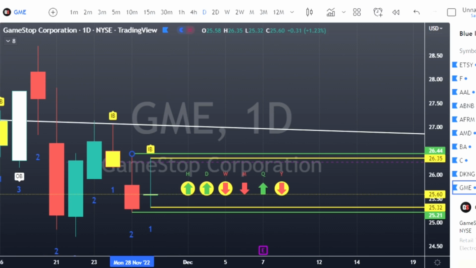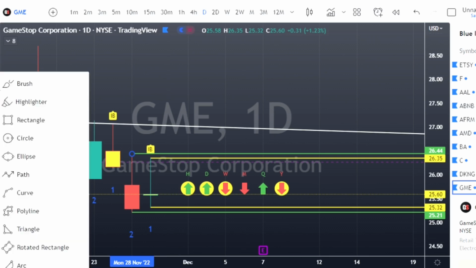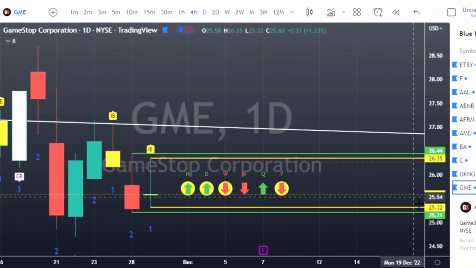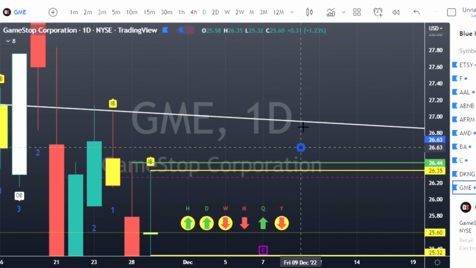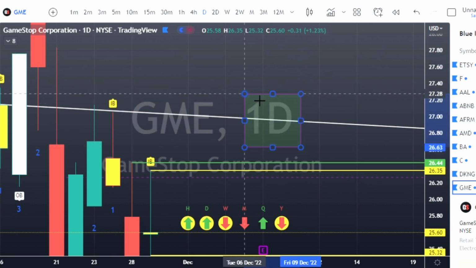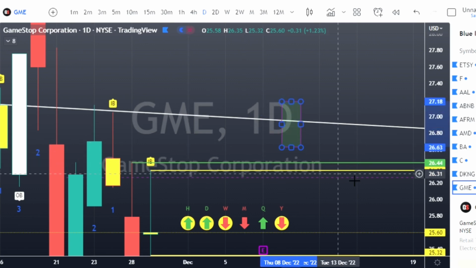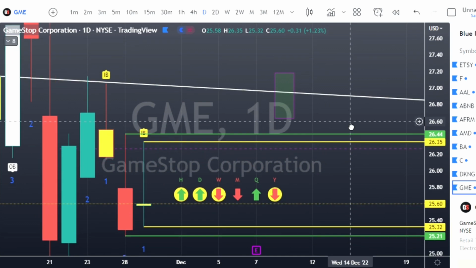This is a thing I've been going through in most of my videos now. Here's what happens, guys. When I have my triggers and my targets, I like to see a lot of beef, a lot of meat there, a lot of space between this trigger and this target, and we don't have that. We've only got about 9 cents to the upside.